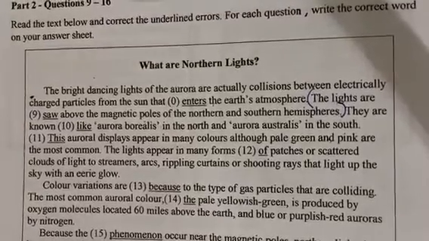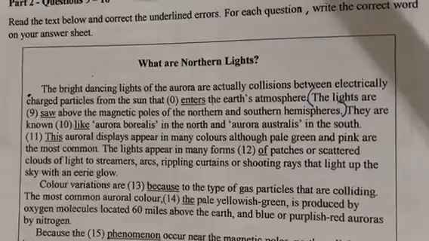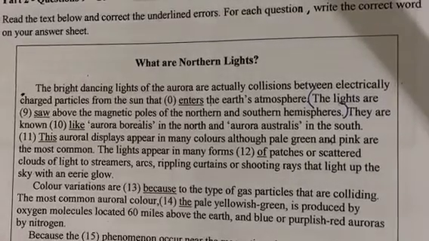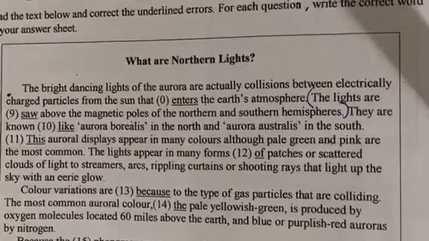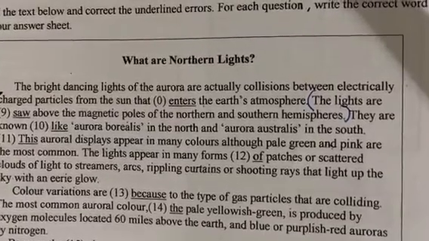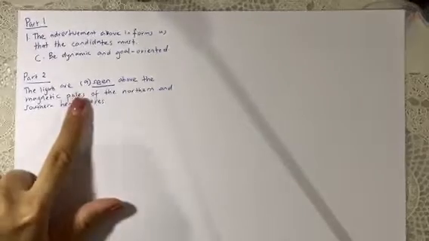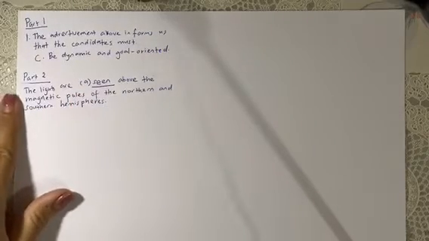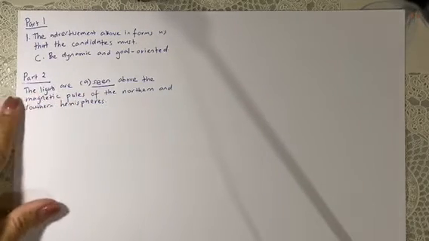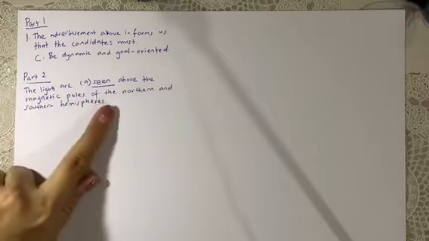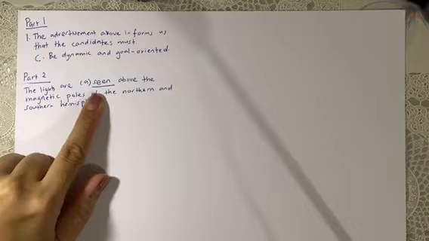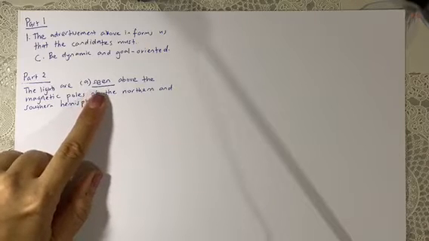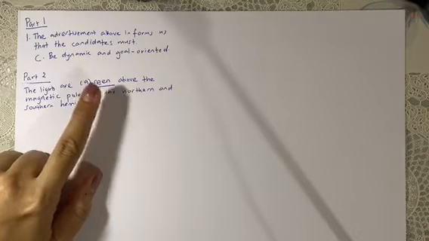The lights are number 9, saw above the magnetic poles of the northern and southern hemisphere. If you get number 9 wrong, all you have to do is write out the whole line. Salin satu line itu sampai habis. Tetapi soalan yang salah tu, you write out the correct answer, which is seen.